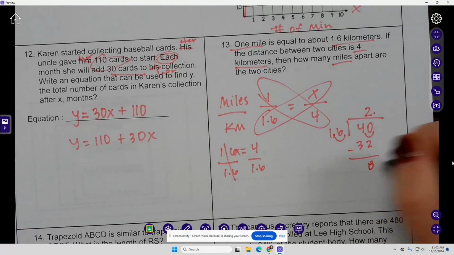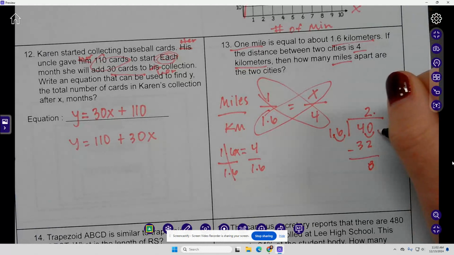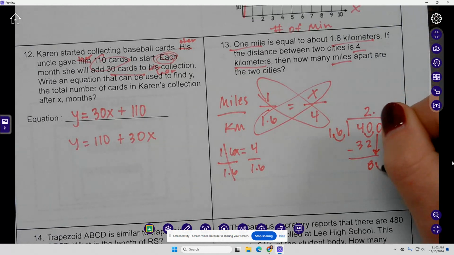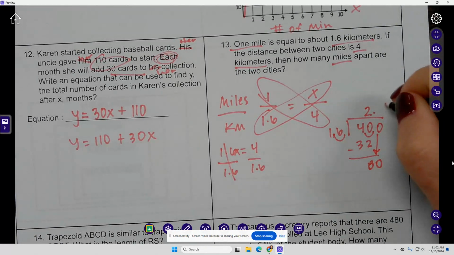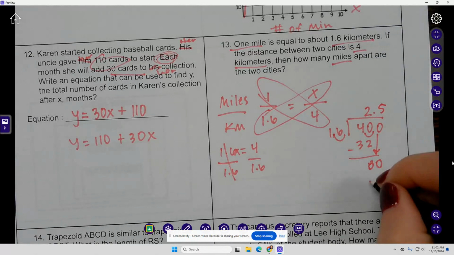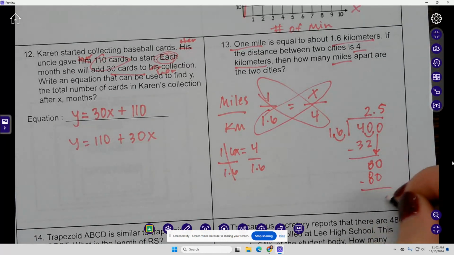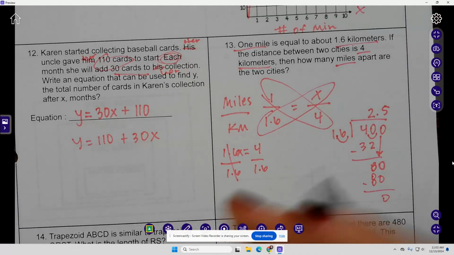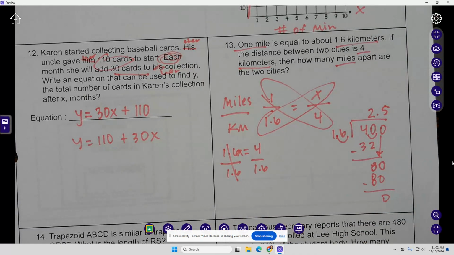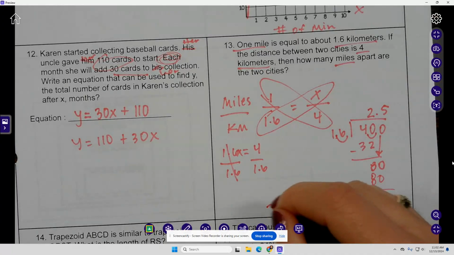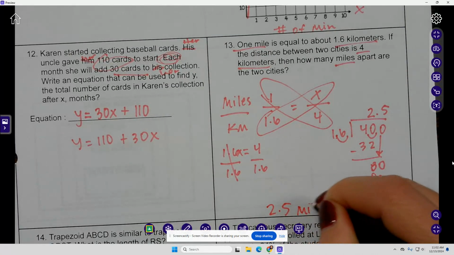Subtract and get 8. I don't have a remainder of 0, so I have to add a 0 and bring it down. 16 can go into 80 5 times. 16 times 5 is 80. Now, I'm not guessing and checking for the sake of time, but if you don't know that 16 can go into 80 5 times, you can guess and check that. So, it is 2.5 miles.